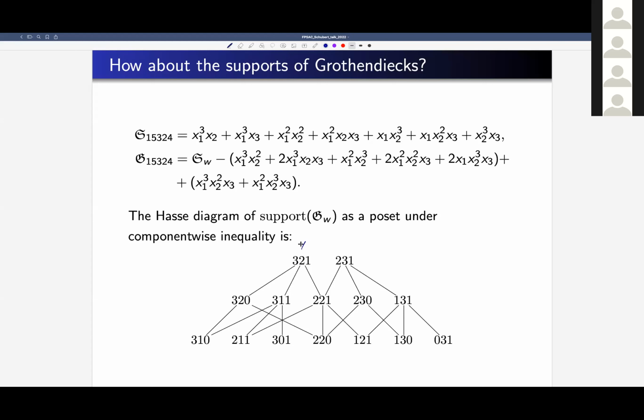Then this corresponds to the monomial x1 to the third, x2 squared, x3, right? And this one corresponds to x1 squared, x2 to the third, x3, right? And then this second level corresponds to this homogeneous component. And finally, this is just the bottom, the Schubert part. Okay.